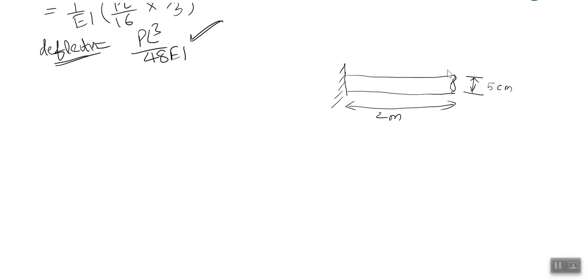Let us say one person is hanging here, a person with weight of 80 kg.